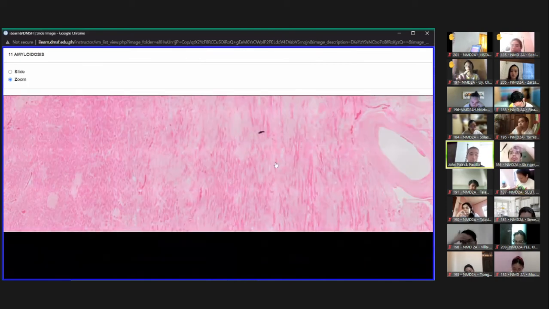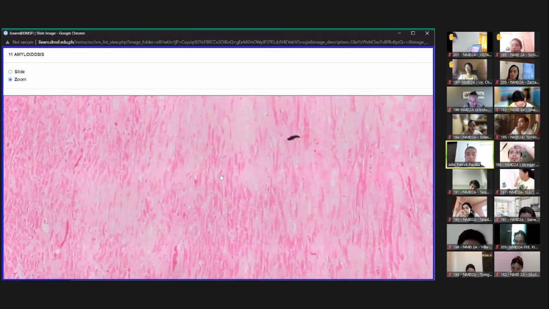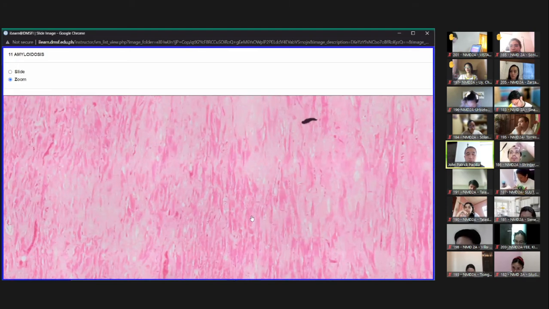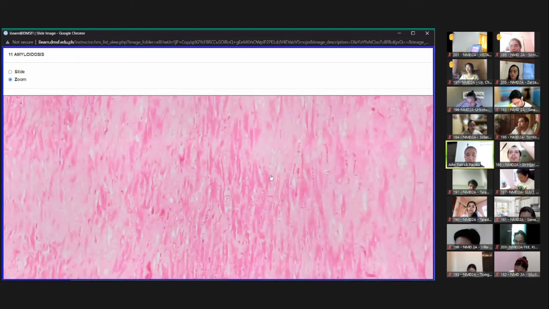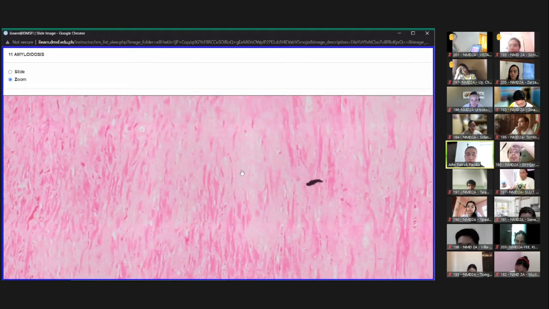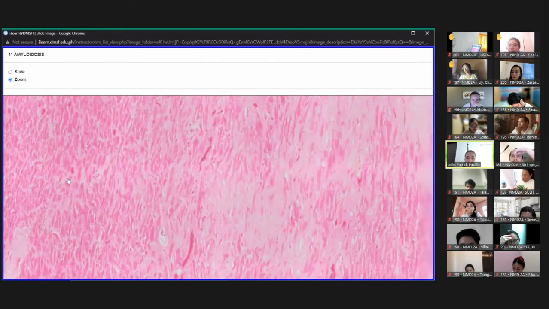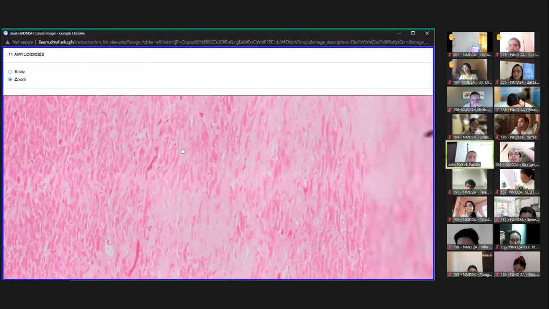So the main feature for this particular case is the presence of cardiac myocytes that would be separated by this amorphous substance. The myocytes should be seen in syncytial formations so that they can move as one.